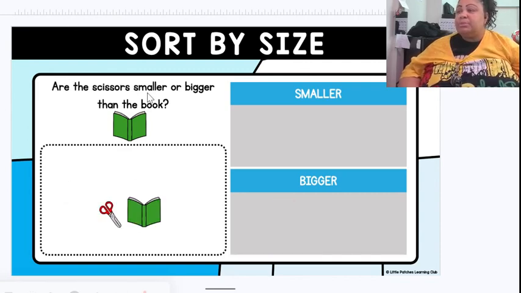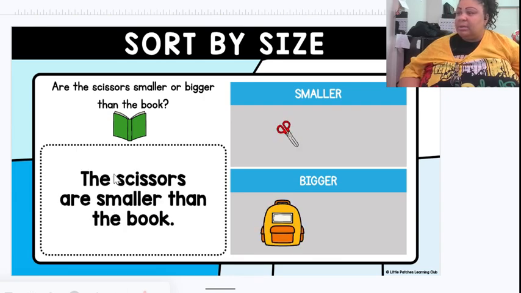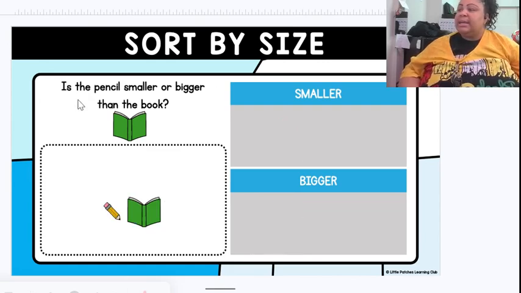Are the scissors smaller or bigger than the book? Ooh, you can't really tell because this picture looks about the same size. The scissors are smaller than the book. Is the pencil smaller or bigger than the book?